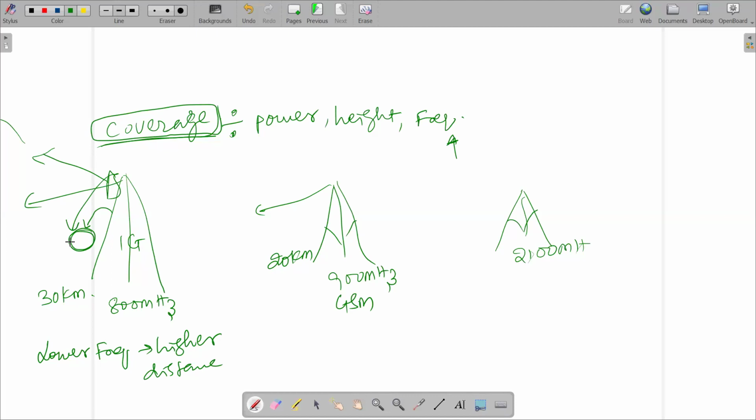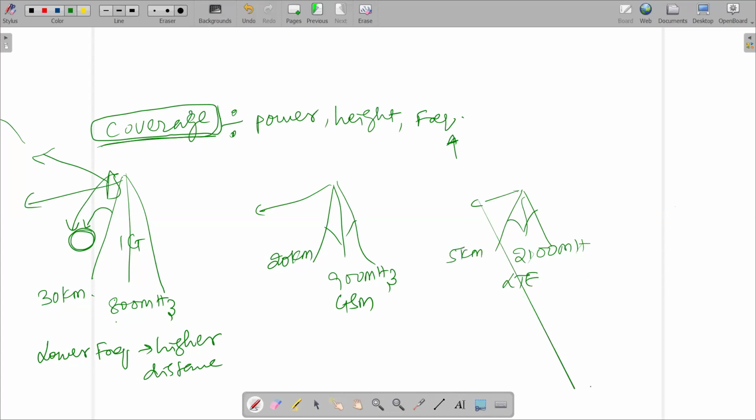See, forget about the tilt and all. Coverage definitely depends on the frequency. That's what I'm saying. Lower frequency travels a higher distance. Higher frequency travels a lower distance. So for 2100 megahertz LTE, I can say a few kilometers, 5 kilometers.